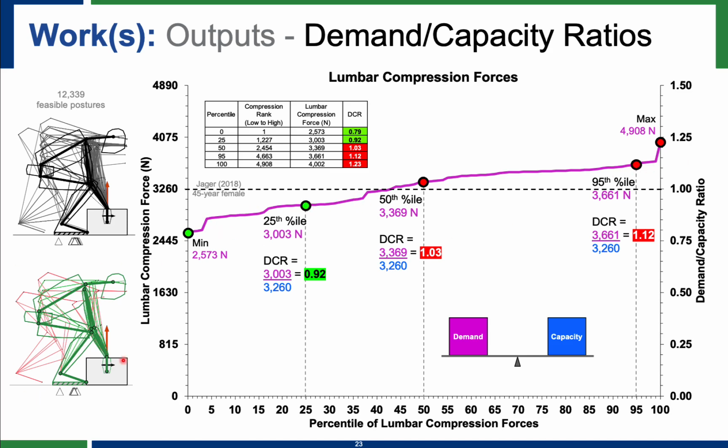So there are 11 of those. Any postures under this line are shown in green, and these postures up here, the representative postures, are shown in red. The one with the thick mannequin is the one at the 25th percentile. This is just showing there might be other postures close to this, but a representative posture.